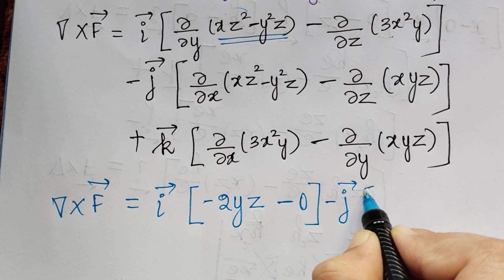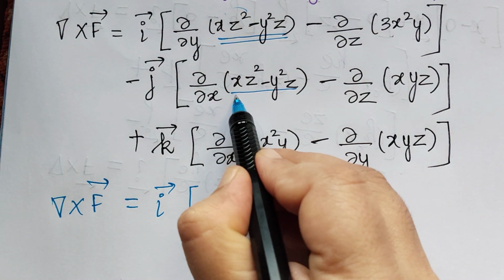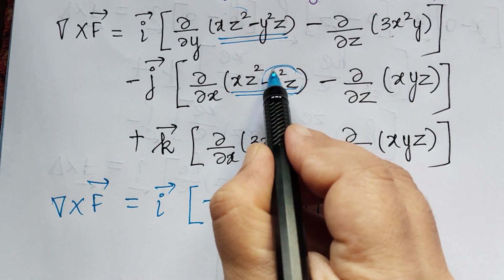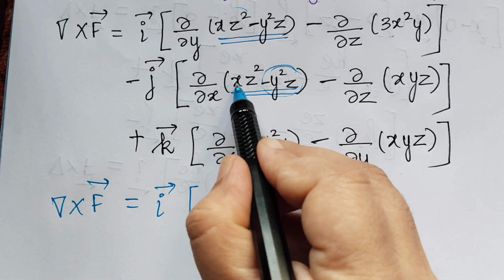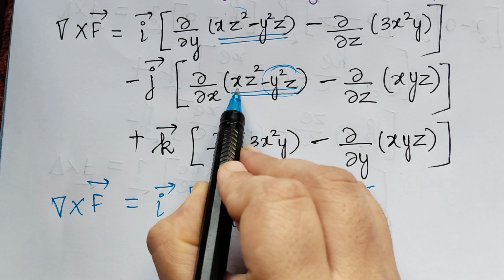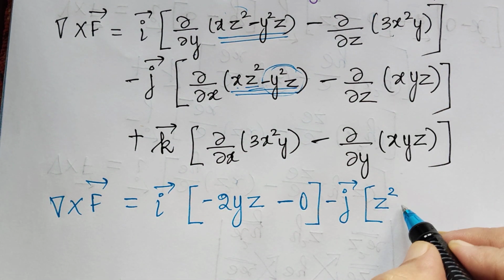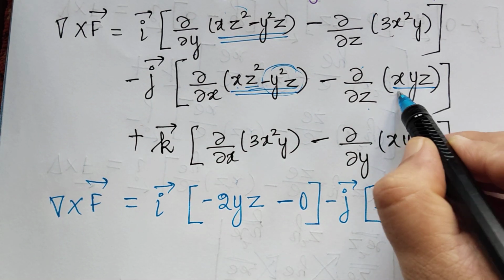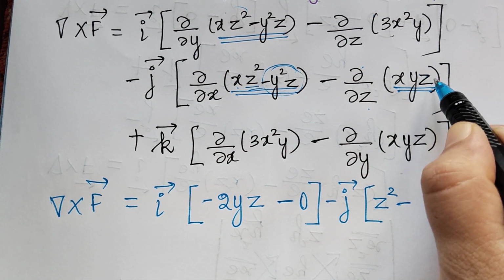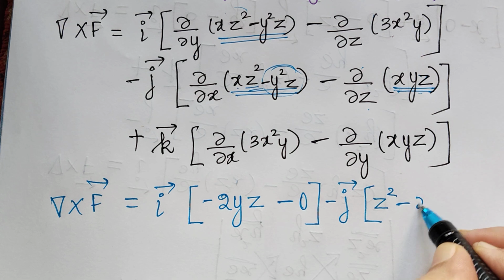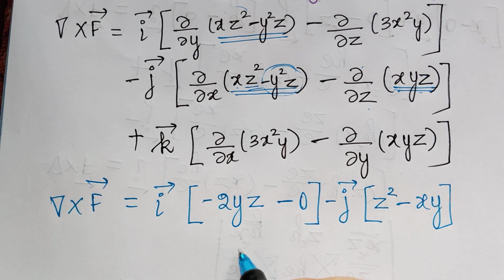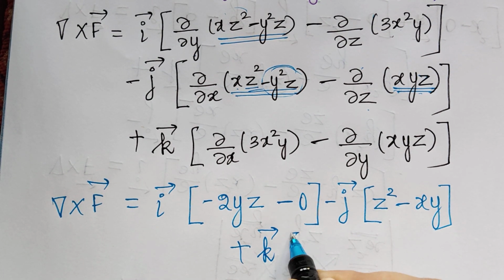Minus j vector multiplied with partial differentiation of this with respect to x. This will become 0 as we do not have an x over here, whereas here we have an x. The differentiation of x is 1, so we will be having z square alone over here. And then minus partial differentiation of this with respect to z. We have a z over here, differentiation is 1, so we will be getting xy.